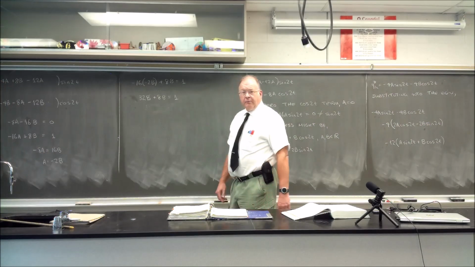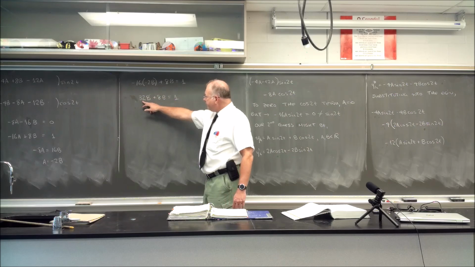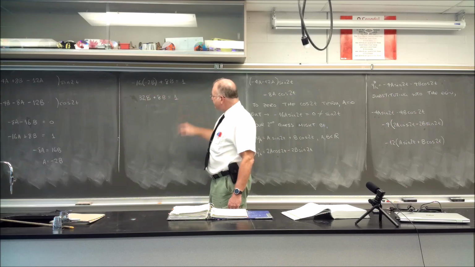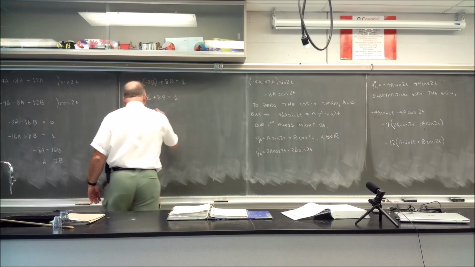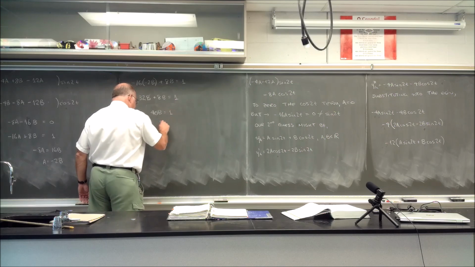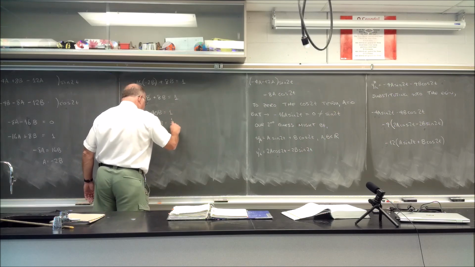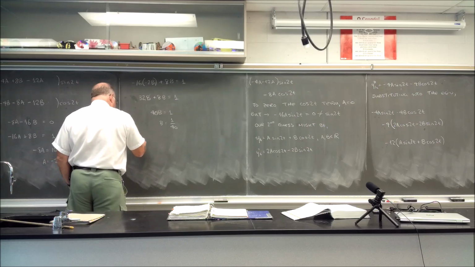So if we multiply this out now, we're going to have minus 16 times minus 2 is plus 32, plus 8 gives us 40b equals 1. B then is equal to 1/40. Okay? And A, being negative 2b, will then equal negative 1/20.